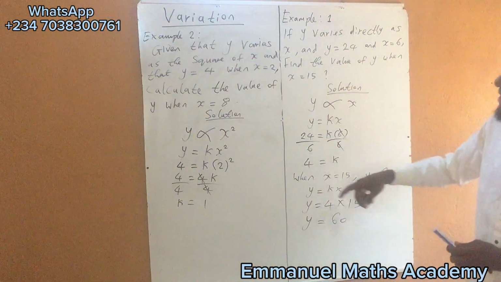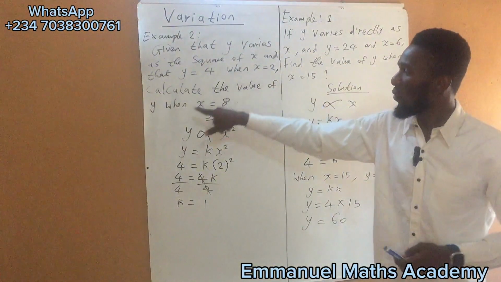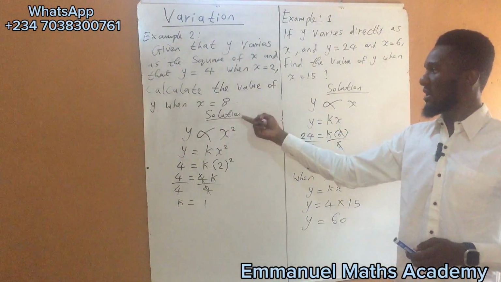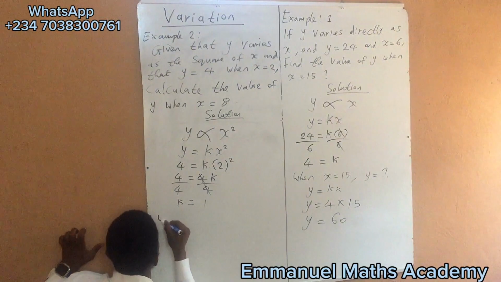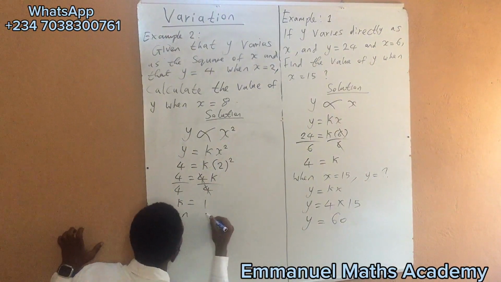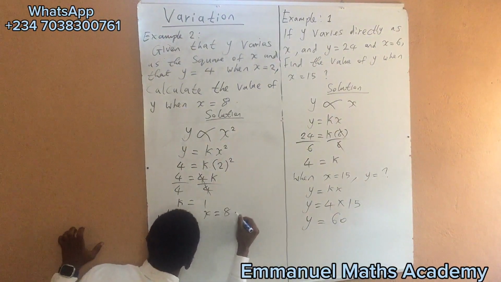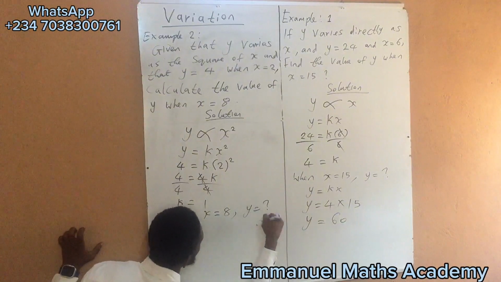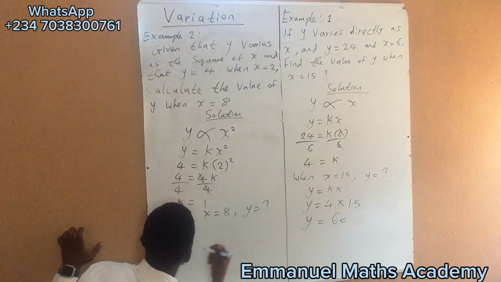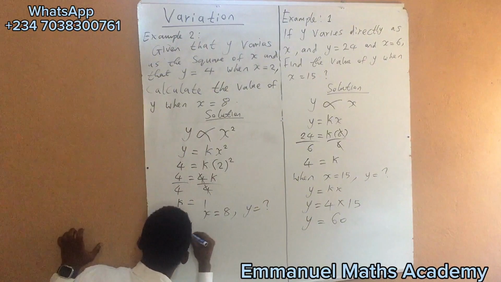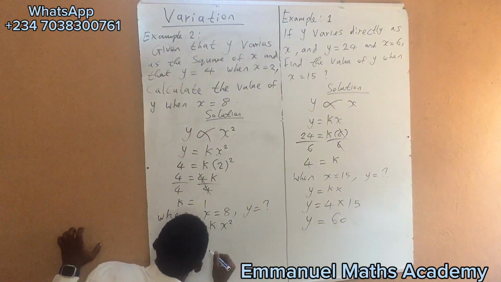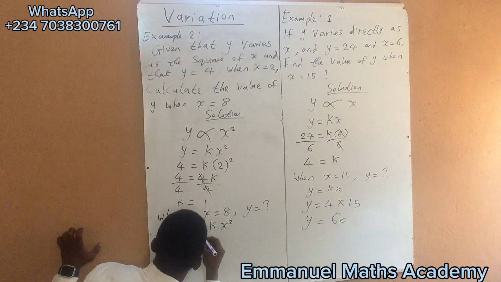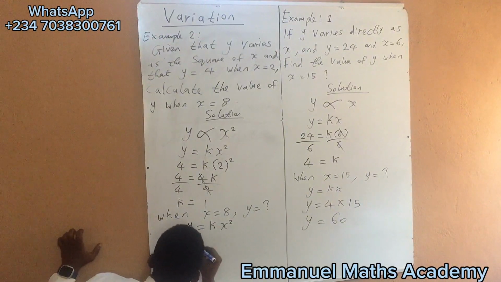Now, the second statement says calculate the value of Y when X is 8. That means when X is 8, find the value of Y. From this, you have that Y is equal to KX squared.